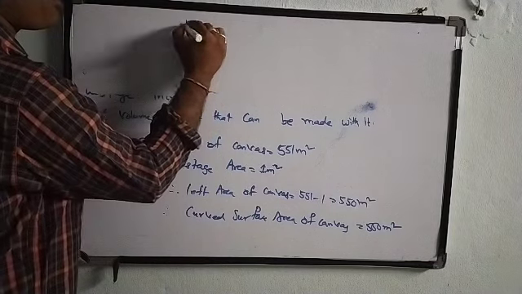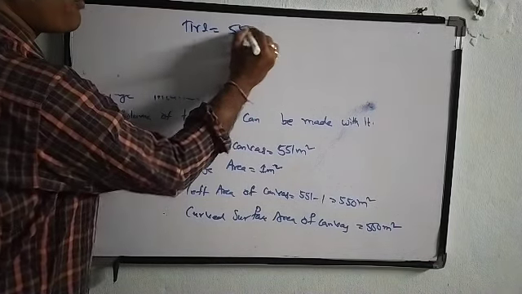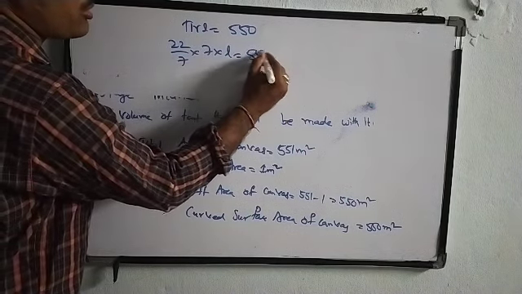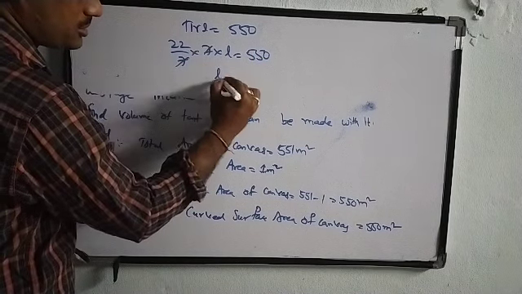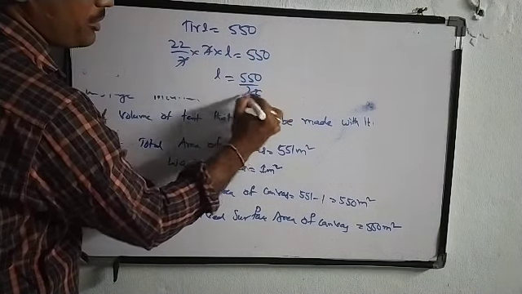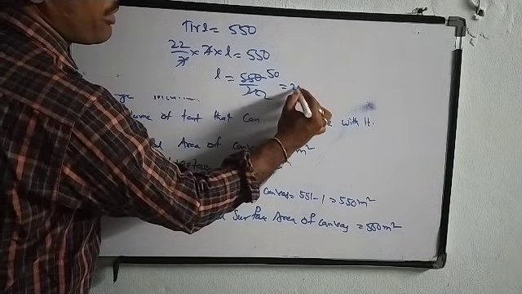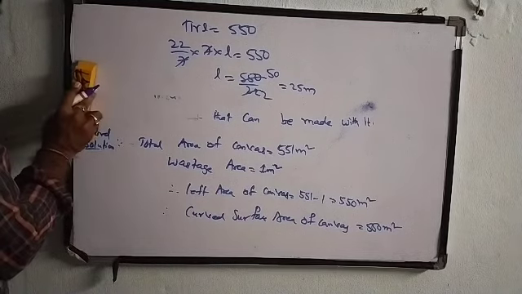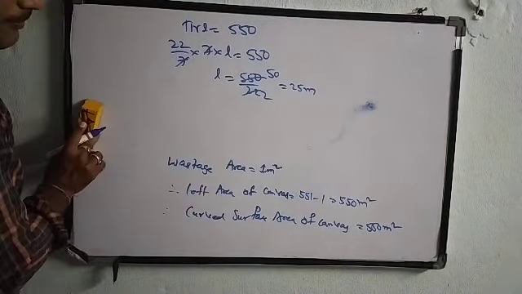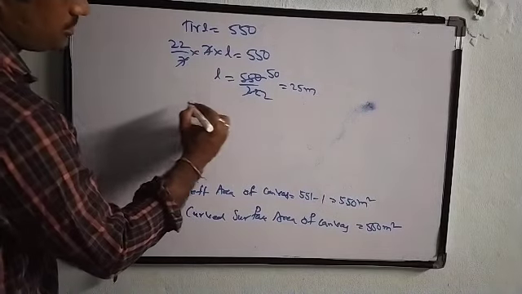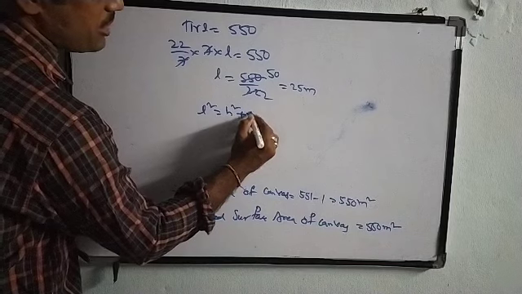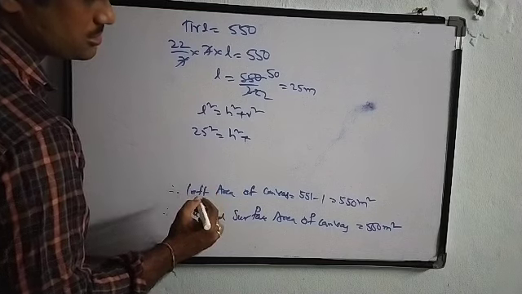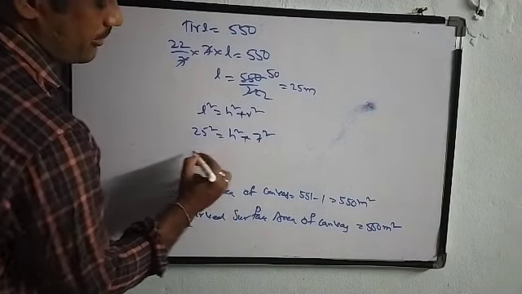So that is pi RL. Pi RL is equal to 550. So pi is 22 by 7, radius is 7 into L is equal to 550. So L is 550 by 22, 11 2s, 11 50s, that is 25 meters. So slant height we got it as 25 meters. Now we want the height. So we have the relation L square is equal to H square plus R square, that is 25 square is equal to H square plus 7 square.